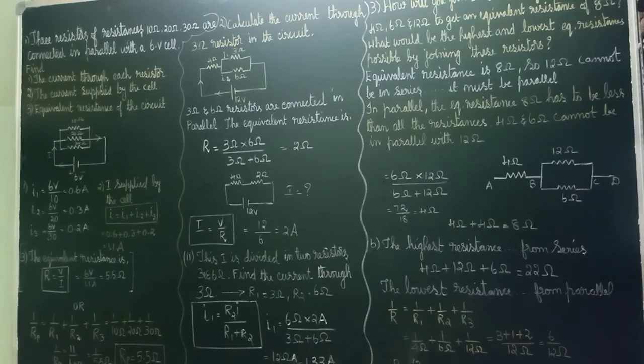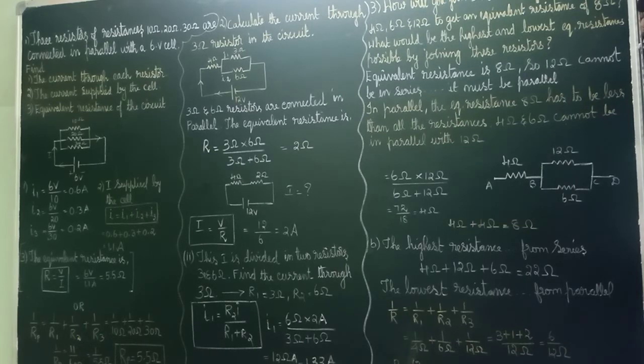Now the current is equal to R2 by R1 plus R2. So if you are writing like that, what is R2 here? 6 ohms is R2. So 6 ohms into the current, which is 2 amps we have found. So R2 I means 6 ohms into 2 amps by R1 plus R2, which is 3 ohms plus 6 ohms.